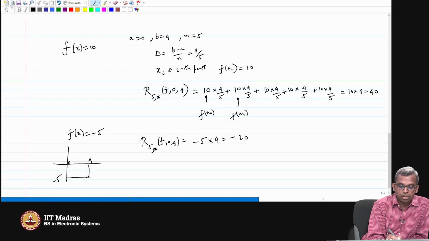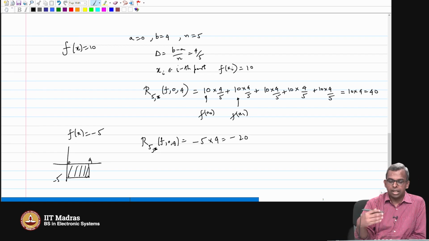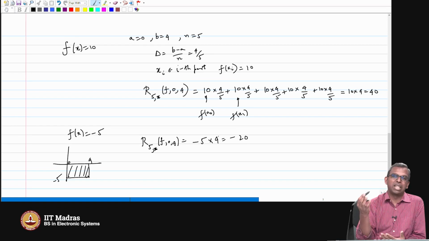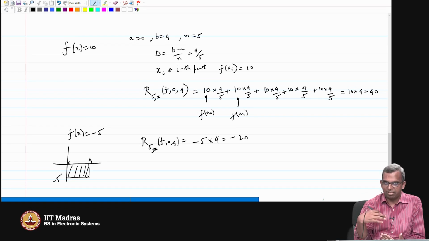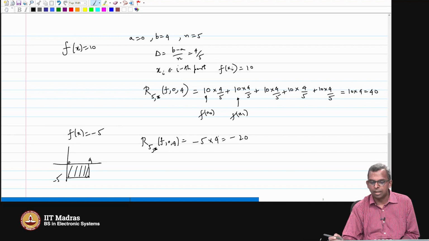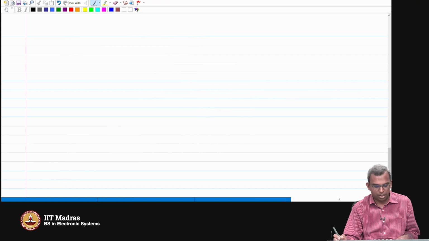Usually we say area is positive. In the Riemann sum world, the area will become negative, because I'm just looking at f multiplied by the distance, and f is negative, so the area goes negative. So there's positive area and negative area depending on whether you're above the axis or below the axis. That's one subtle difference, but it's still area, but can be positive or negative. Okay, so these two functions ended up being very simple and very easy.